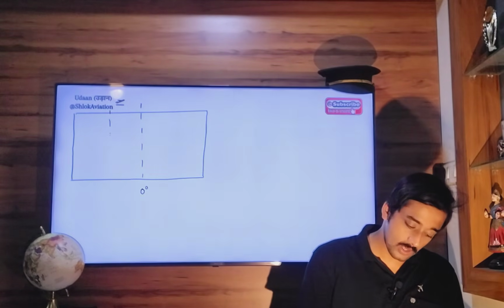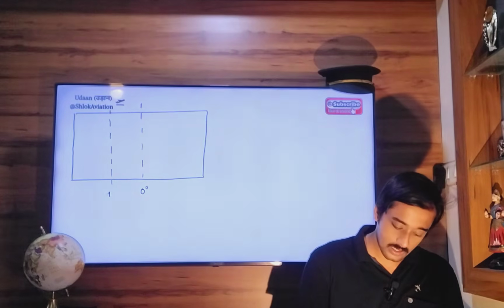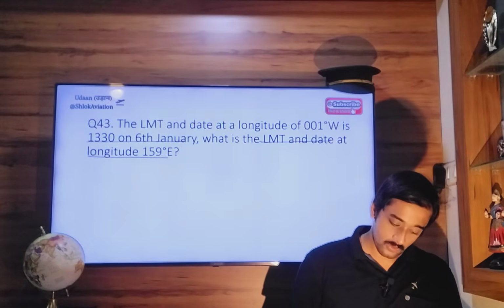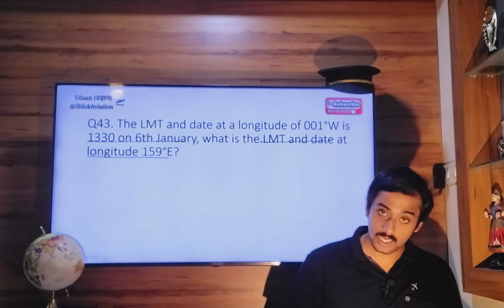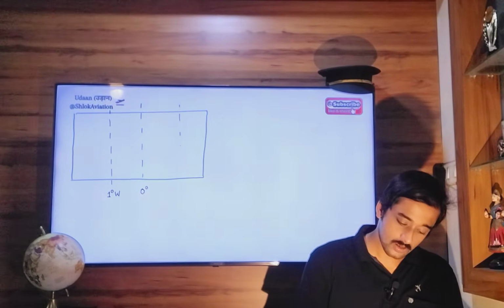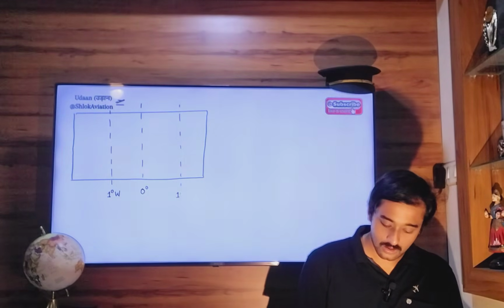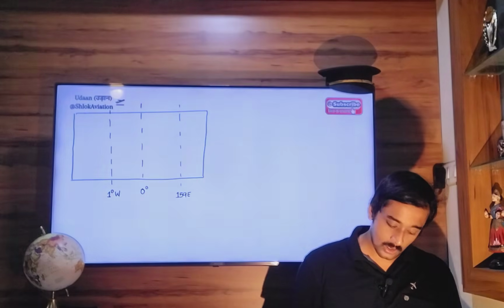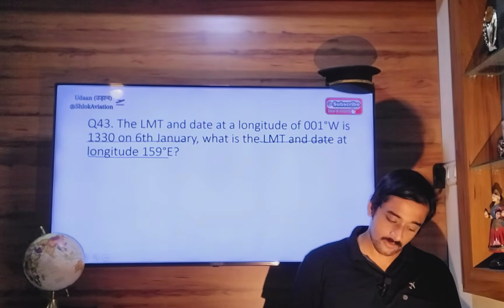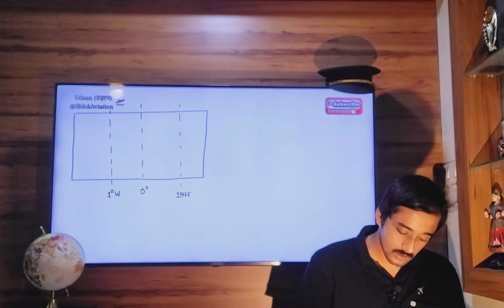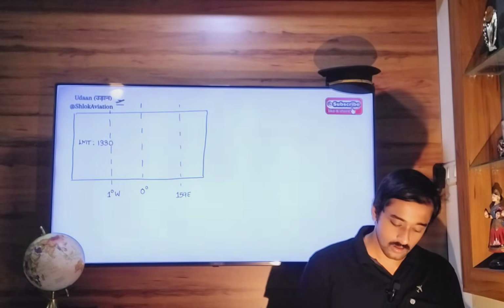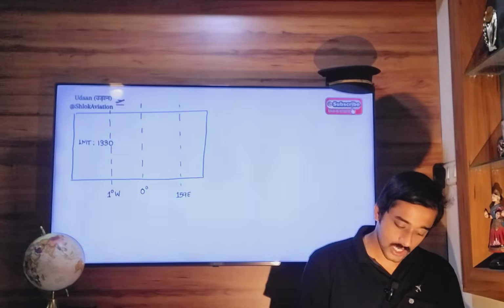So 1 degree west will be in the western hemisphere. 159 degree east. The local mean time at 1 degree west is 1330, 6th of Jan.